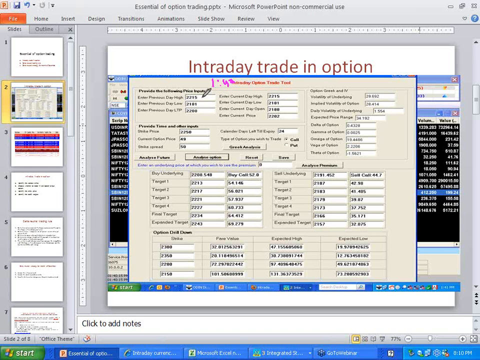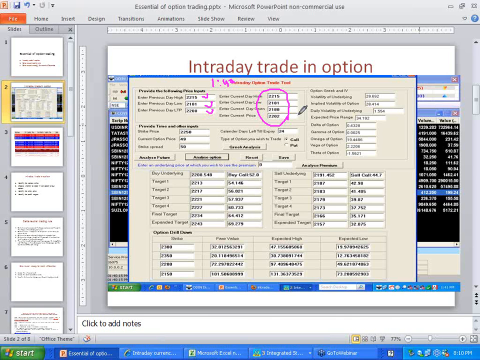I have taken the current day's high, which at that time was around 2215, the current day's low, and the current price of 2200. The same values I have put here, because I am not going to trade in the future; rather, I just analyze the future, and based on that I will be taking an option call.